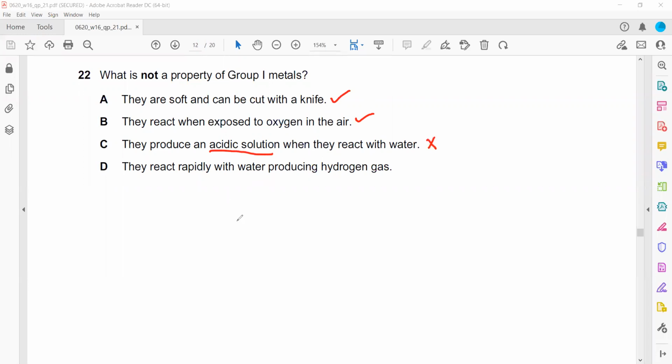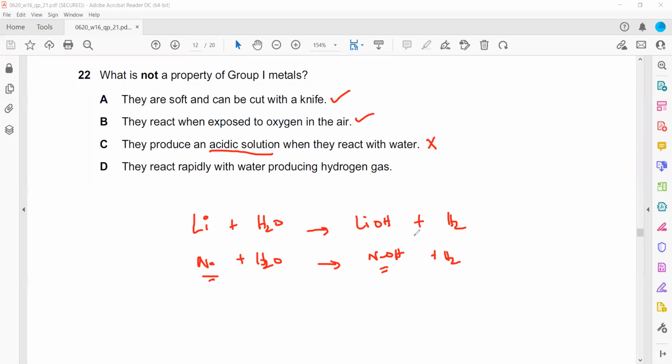They produce alkaline solution. Like if we have lithium, when we add it to water, it will produce lithium hydroxide plus hydrogen. If we add sodium to water, it will produce sodium hydroxide, NaOH, plus hydrogen. So alkali metals react with water to form metal hydroxide, a base or alkali.